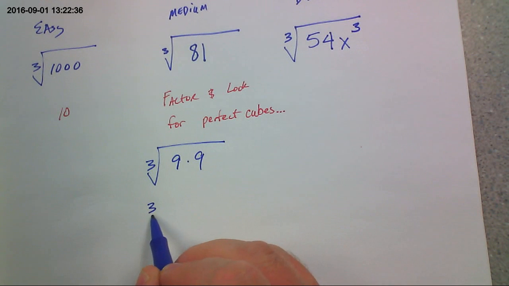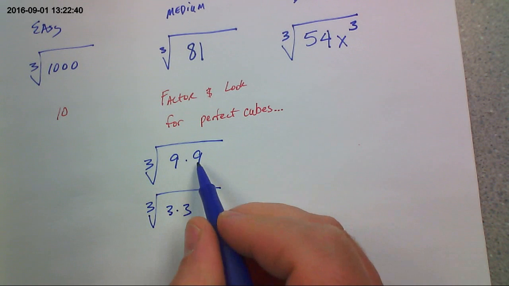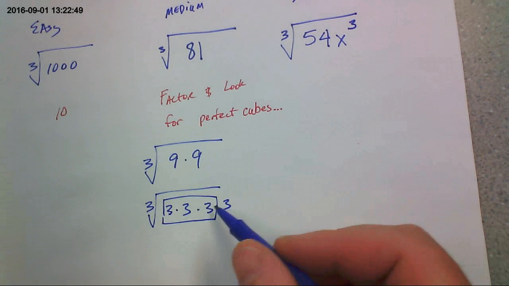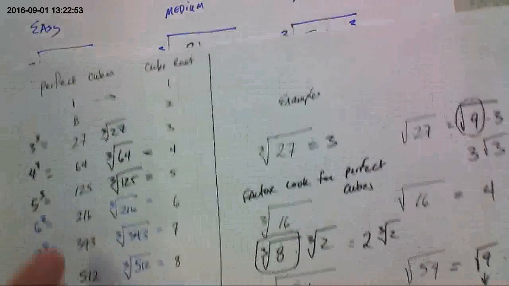So watch this. Isn't 9 3 times 3? And this 9 is 3 times 3. Do you see a cube? You see it? That's 27. 3 times 3 times 3 is 27. That's on our list. You follow me?